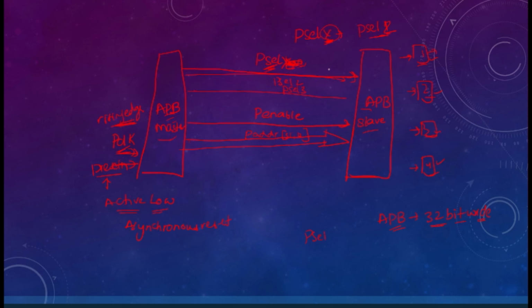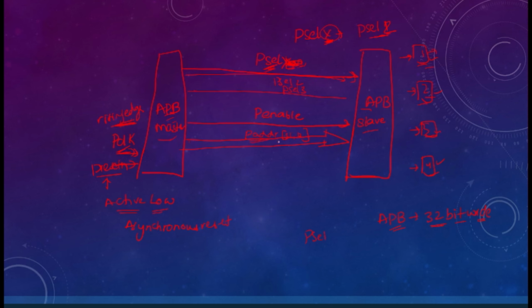Similarly, for the master to send some information to a particular slave, it has to know its address. So that is why p address is very important here. It is just the memory locations. If we have four slaves, then there will be four types of memory locations. Everything is stored in this p address, and this p address is 32-bit wide in APB.